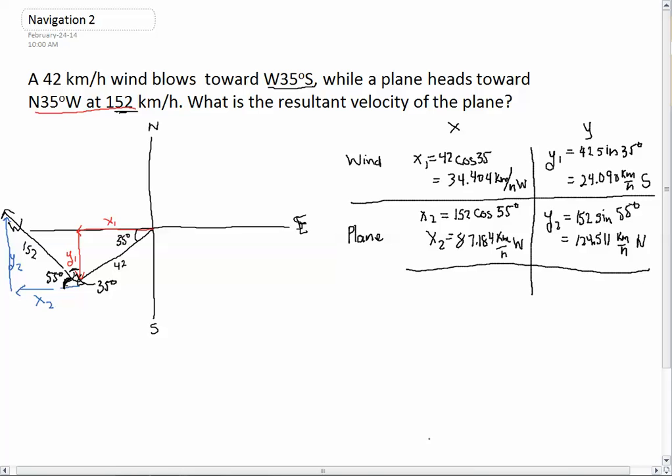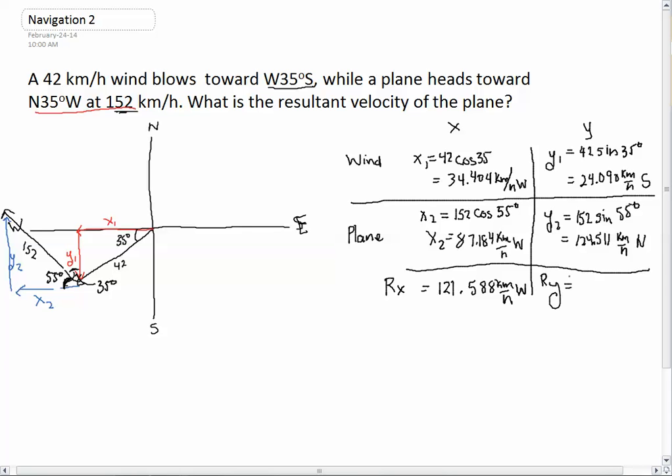So now we want to calculate our resultant vectors in the x direction and in the y direction. We've got two vectors going west. So these just add together, and we get a resultant vector of 121.588 kilometers per hour west.